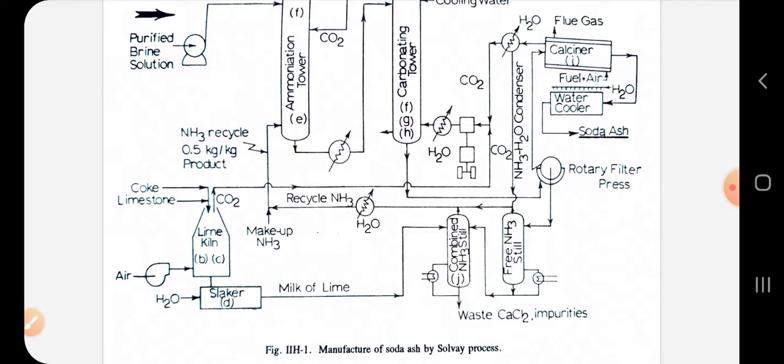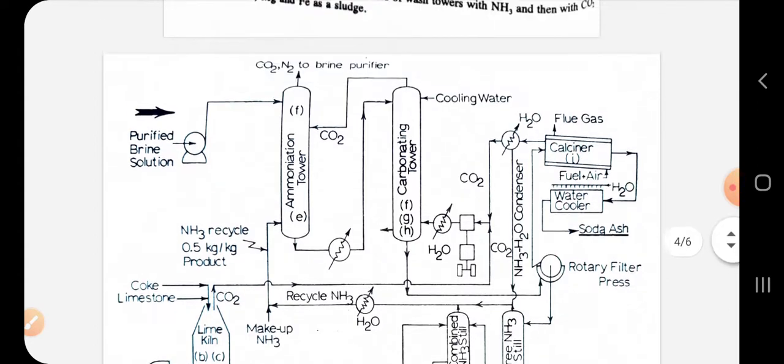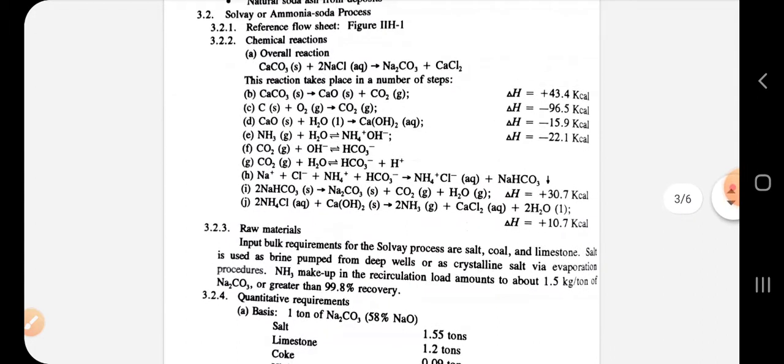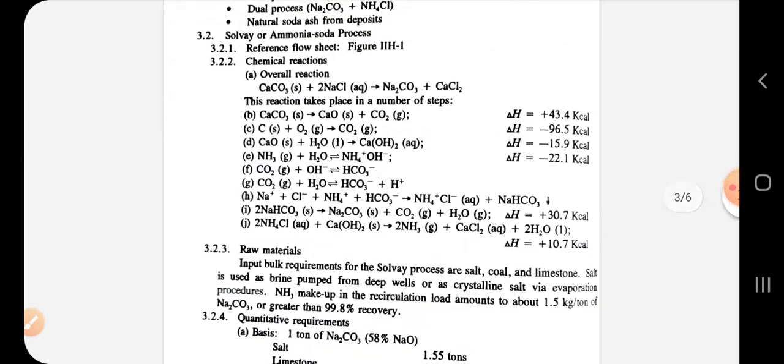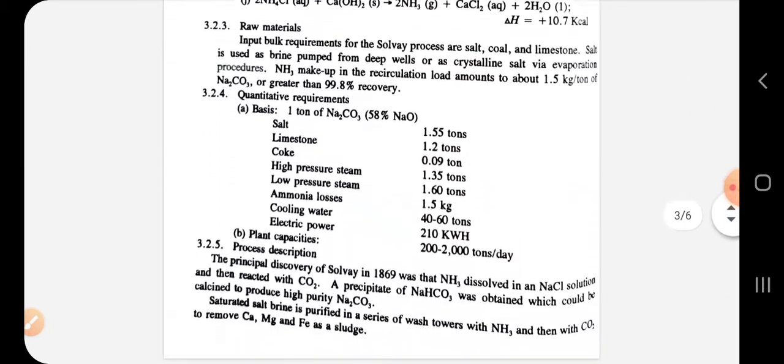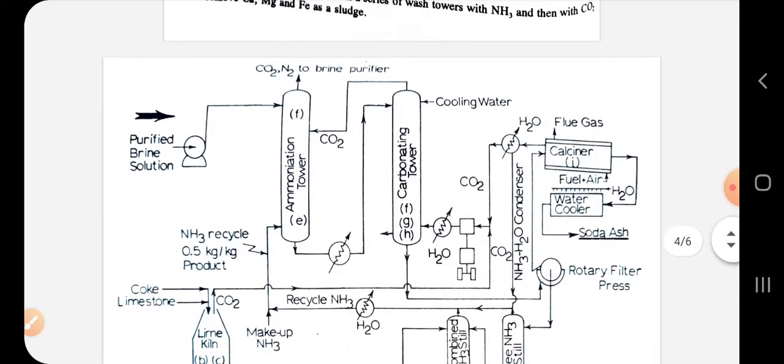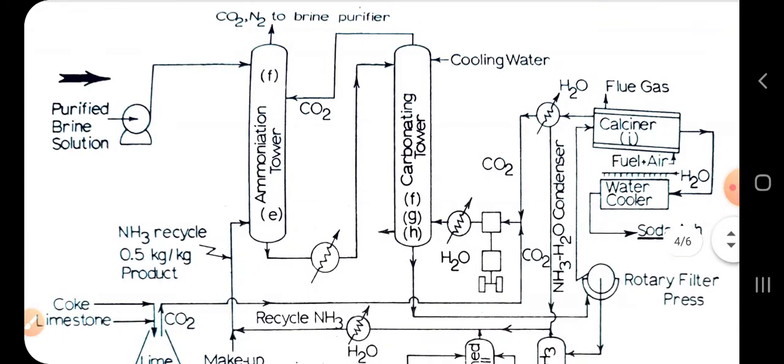And in these towers, where is reaction F? Yes, these reactions are taking place. Reactions F, G and H are the reactions that are taking place in these towers, here in the carbonating tower.